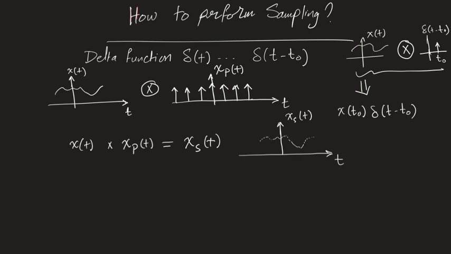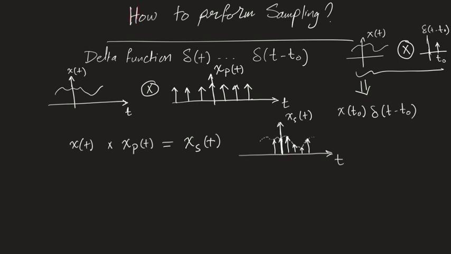The other is the function that performs the sampling itself on the continuous time signal. So the result of this multiplication is going to be a delta with this magnitude here, another delta with this magnitude here, a third delta with this magnitude, a fourth delta with this magnitude, and so on.